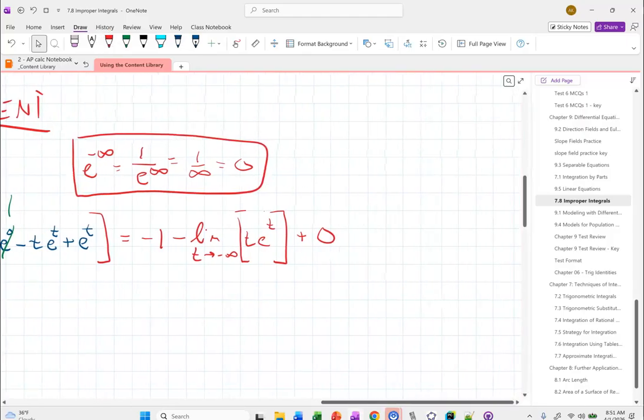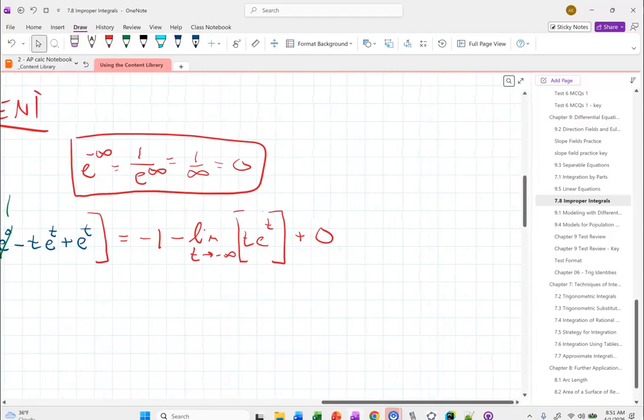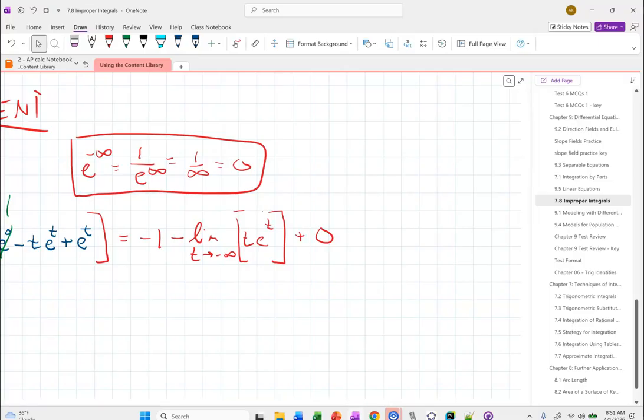All right. So to do this last piece, we need to write this as a fraction so that we're able to L'Hopital it.